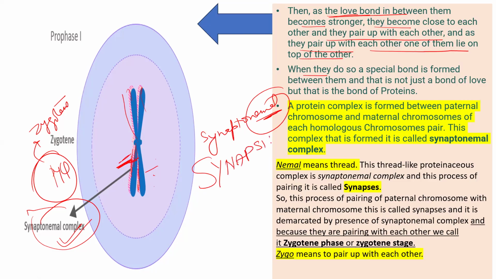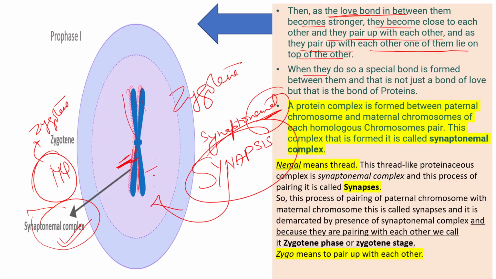So synapsis starts in the zygotene stage. This process of pairing of paternal chromosome and maternal chromosome is called synapsis, and it is demarcated by the presence of the synaptonemal complex, and because they are pairing and loving each other, we call it the zygotene phase. Zygotene phase.